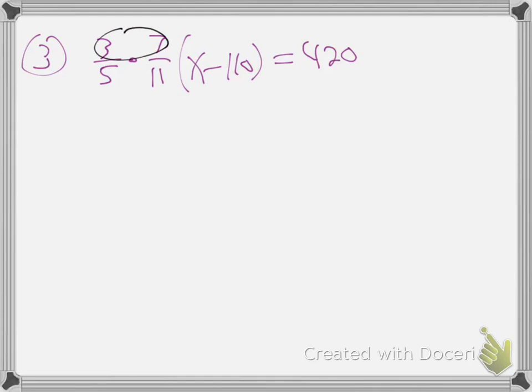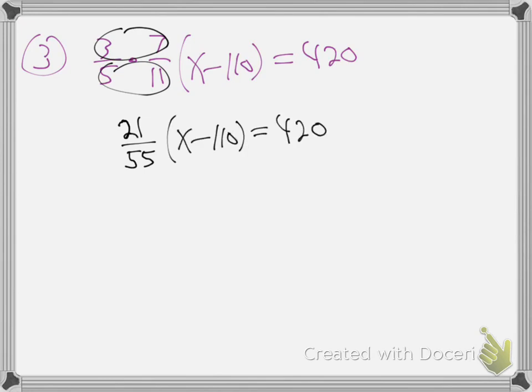Multiply these guys. 3 times 7, 21. 5 times 11, 55. Okay, so do you remember from algebra, how do we solve this thing for x? Well, first off, you got to get rid of this fraction in the front. Multiply by the upside down, 55 over 21. So this is part 2 where you have your calculator.